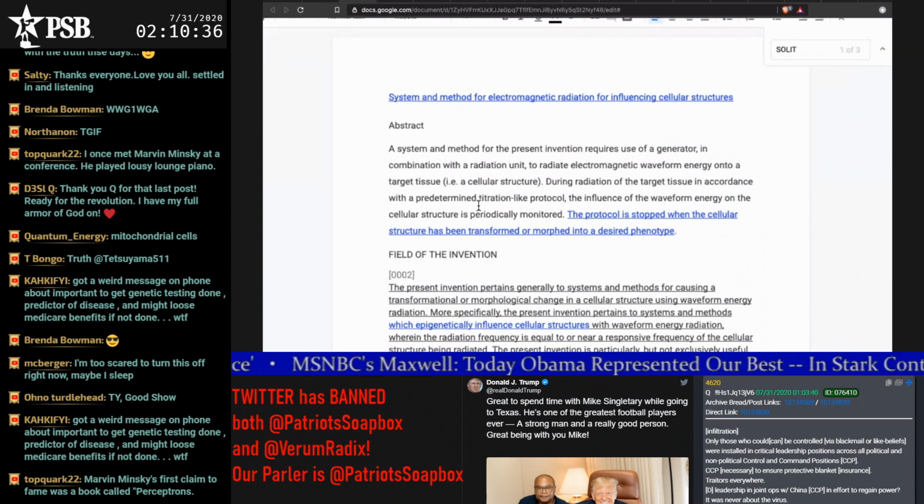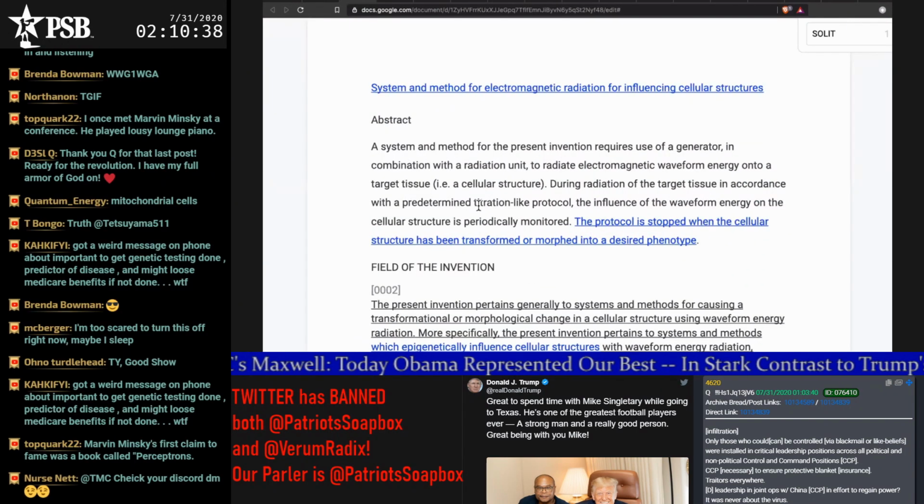So this patent here, System and a Method for Electromagnetic Radiation for Influencing Cellular Structures. A system and a method for the present invention requires the use of a generator in combination with a radiation unit. So this is just an antenna and something that generates energy to that antenna to radiate electromagnetic waveform energy onto a target tissue, for example, a cell structure.